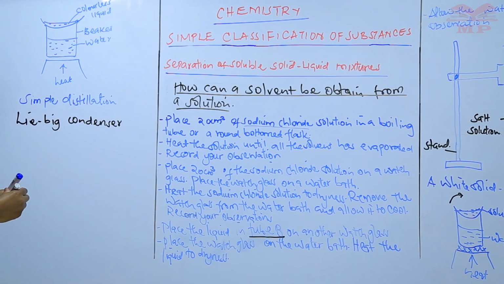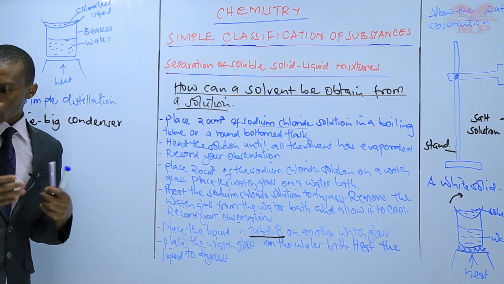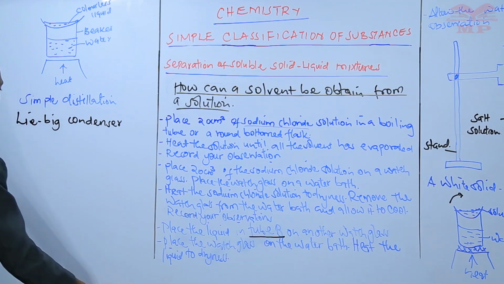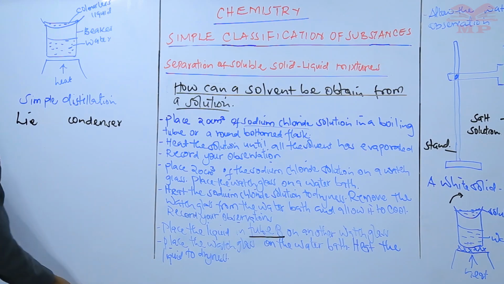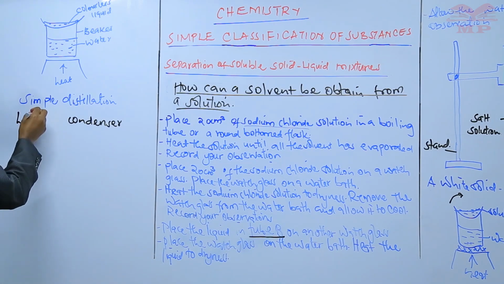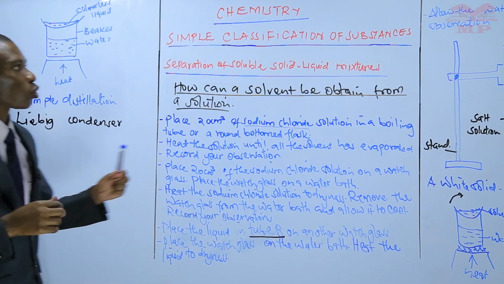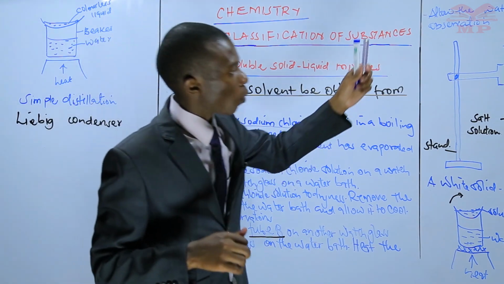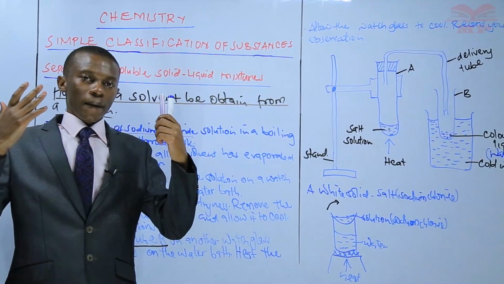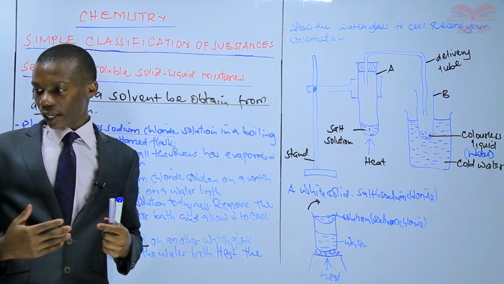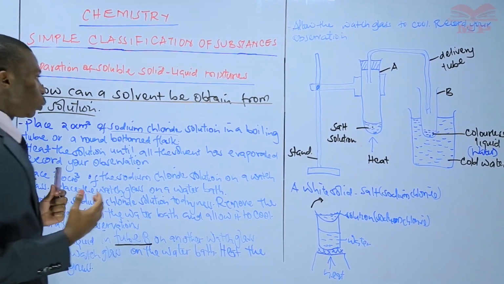A Liebig condenser is used to improve the condensation of the water vapor to form the liquid. And when you use a Liebig condenser, then this is what to expect.